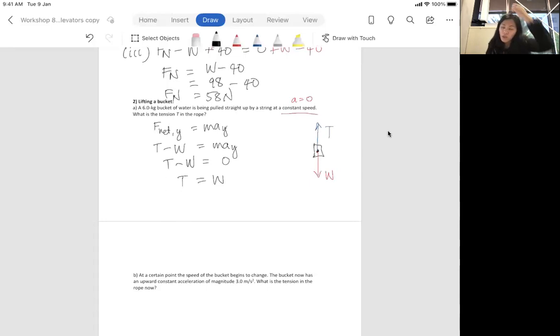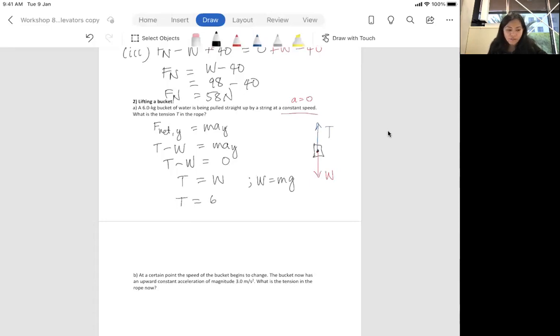So you can go through Newton's second law of motion, analyzing the equation, or you can just intuitively say that the tension should balance out the weight force, and so the tension should be equal to the weight force because acceleration is equal to 0. And that's also a valid argument. So your tension is equal to, so recall that weight is equal to mass times gravitational acceleration.